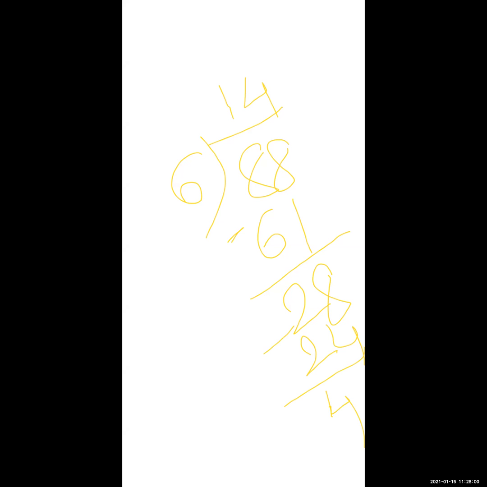Now, is your answer correct or incorrect? How will it be checked? Tell me, is it right or wrong? Dividend equals divisor into quotient plus remainder. So start: 14 into 6.